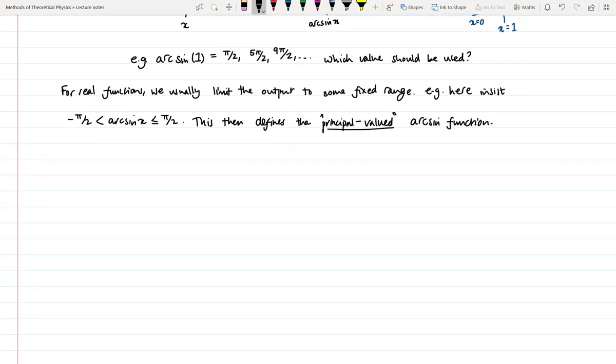Things get more interesting when we extend this discussion to complex functions. So the next heading is principal values of complex functions.